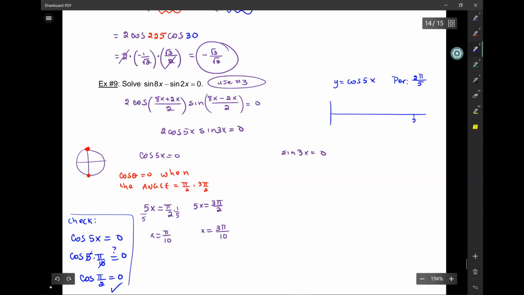This is 2 pi. Traditionally, cosine would look like that, right? But now, where is 2 pi over 5? Right here. So now, cosine 5x looks like that. It's a much smaller one, right?